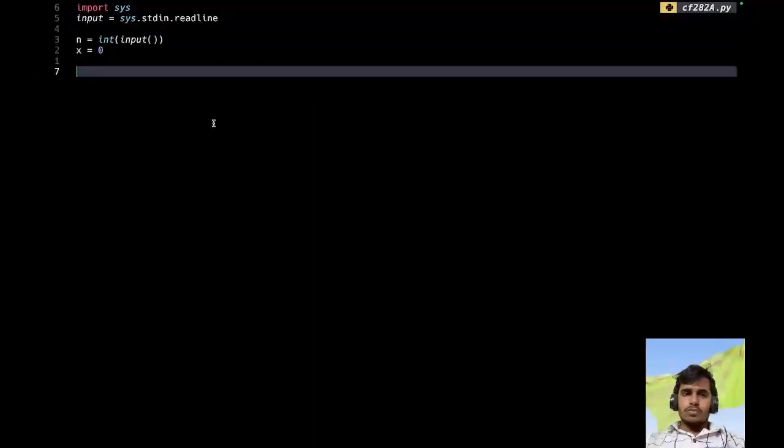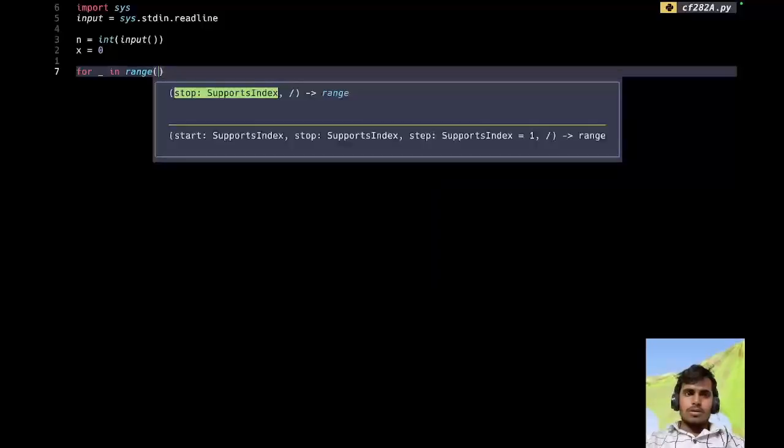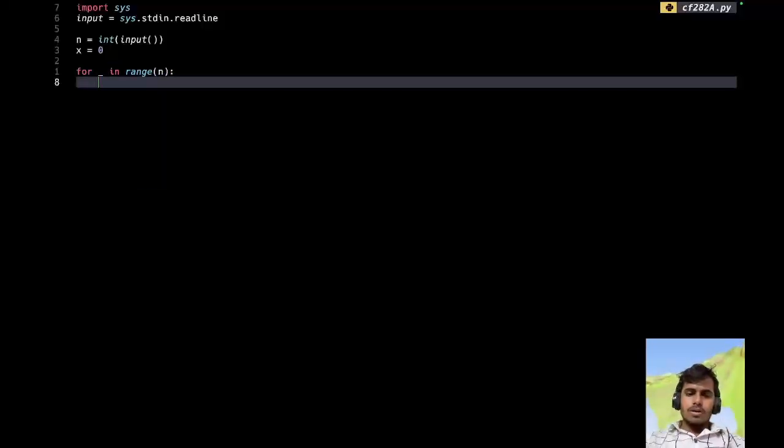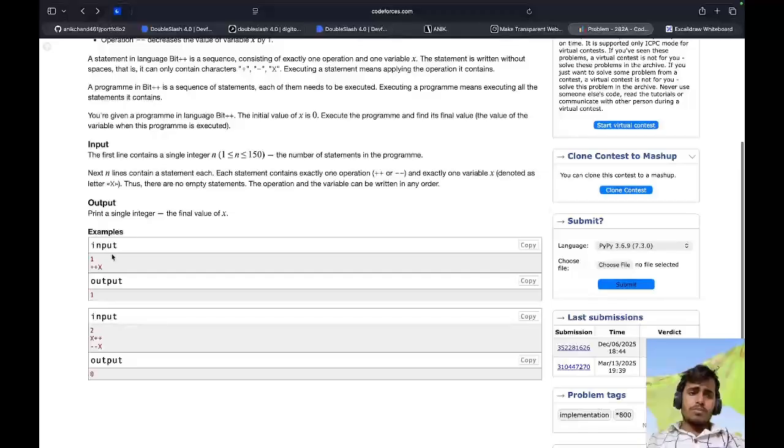So we loop for i in range n, and we input each line.